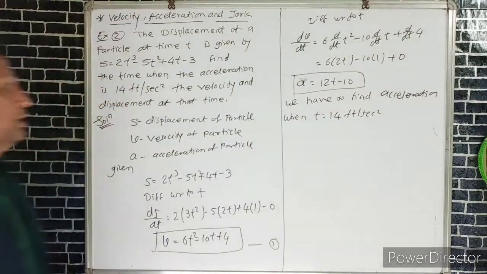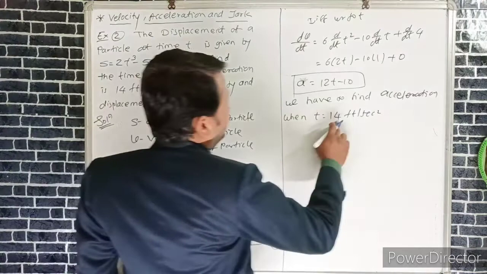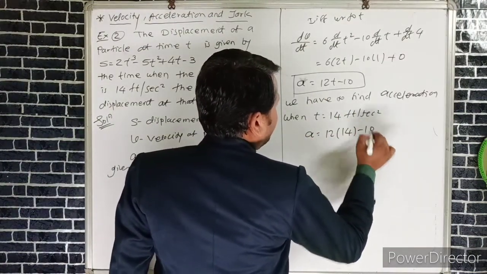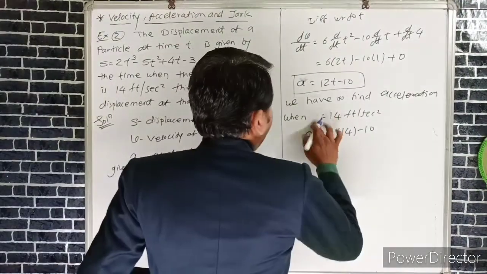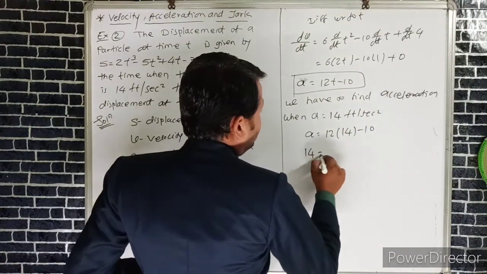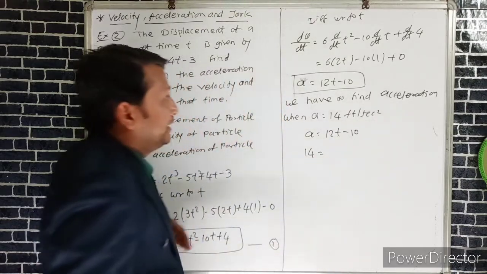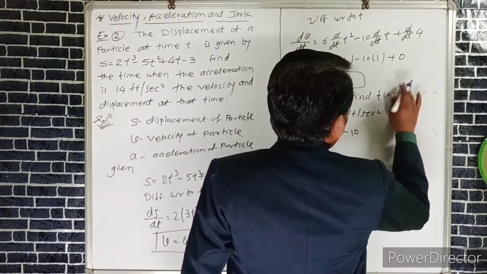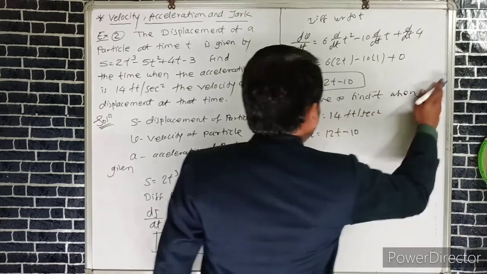So acceleration a = 12t − 10, and given a = 14, we have to find the time t when a is equal to 14 feet per second square.